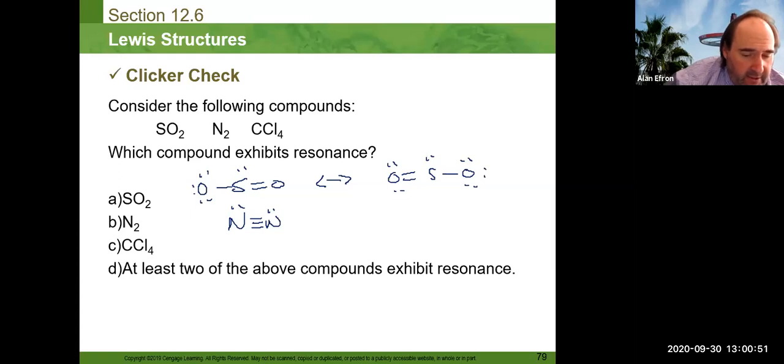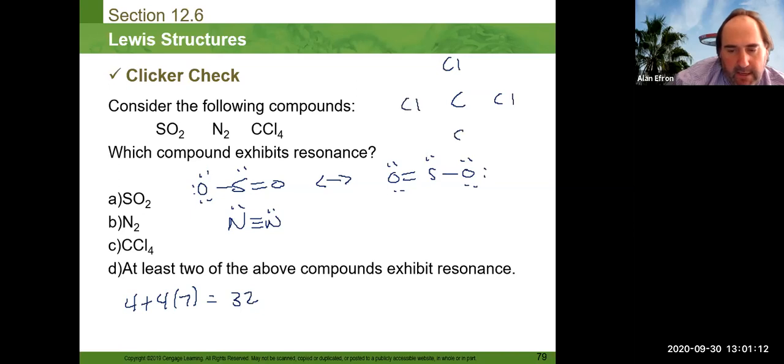And if we did carbon tetrachloride, carbon is 4. There's 4 chlorines, that's 7 each. That's 28 electrons, plus 4 is 32 electrons. Carbon is less electronegative than chlorine, so we would put the carbon in the middle, chlorine on the outside. One single bond to everybody.